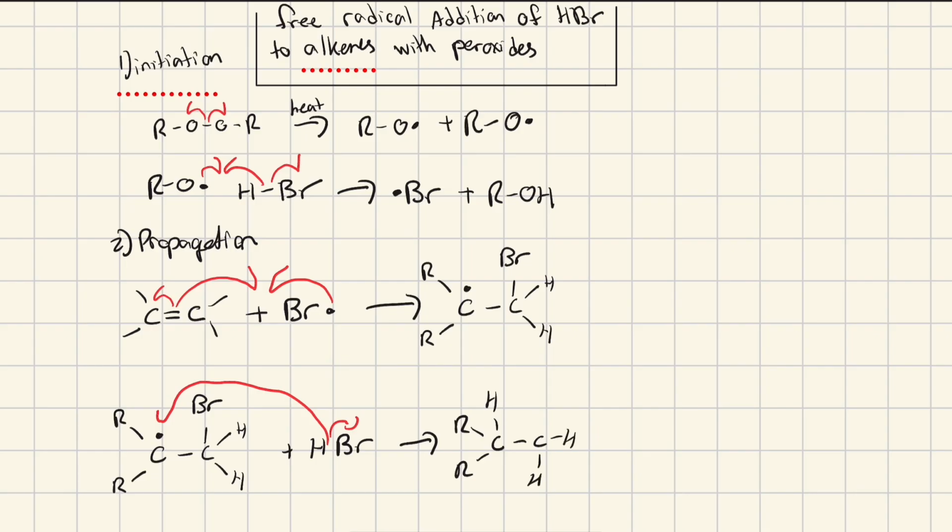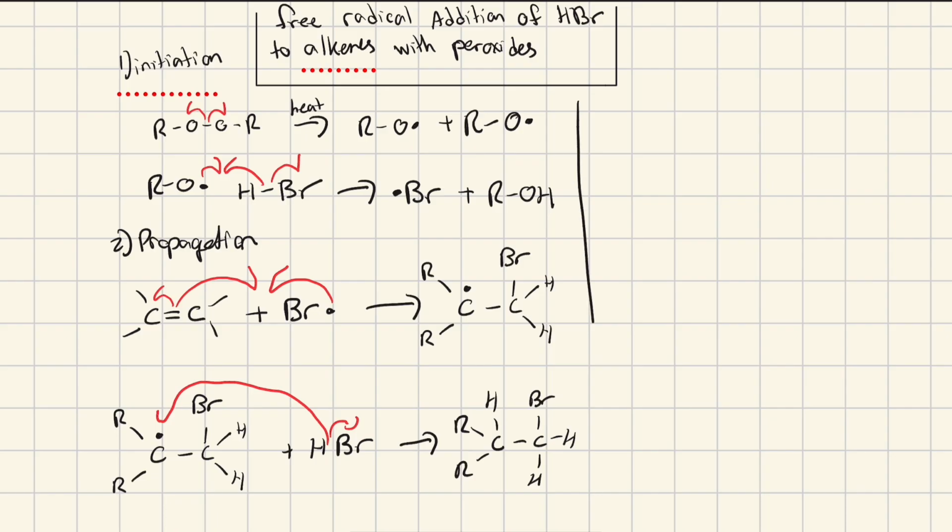So this is where the anti-Markovnikov rule really plays a part, because the hydrogen is going to end up connecting to the carbon that's more substituted, and the bromine is going to connect to the one that's less substituted. And again, that's just because we need to stabilize that free radical.